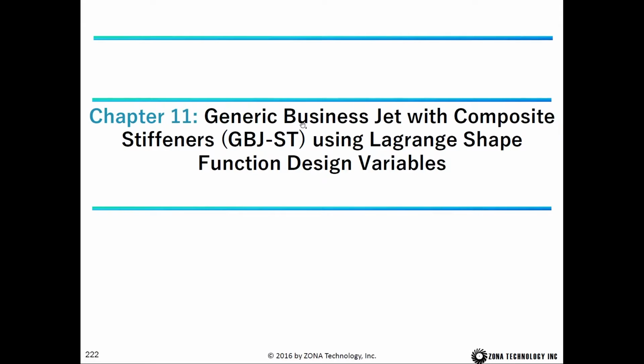Chapter 11, Generic Business Jet with Composite Stiffener, we call it GBJ-ST, using Lagrange shape function design variables.